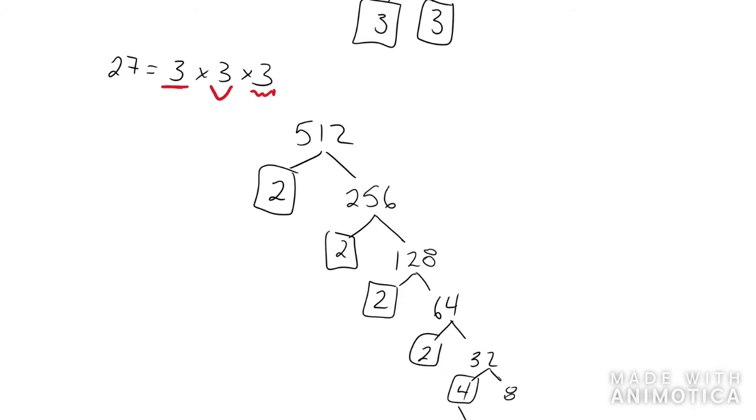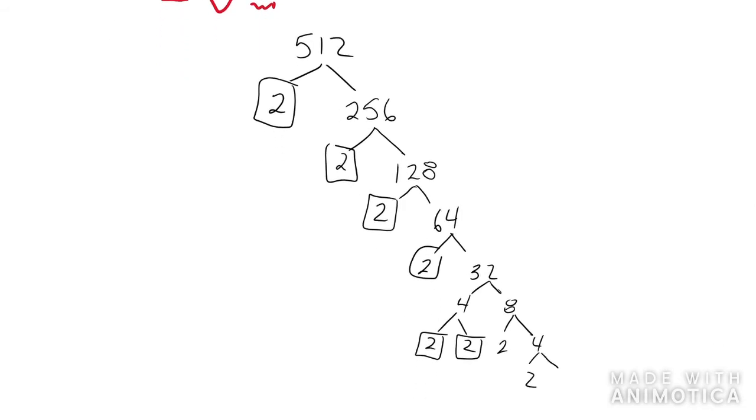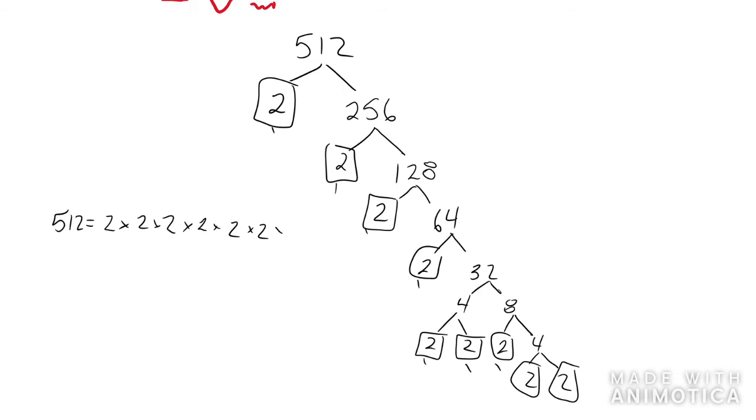4 is not a prime number. It becomes 2 and 2, which are prime numbers. And then this one breaks down to 2 and 2. So let's see what we have. 512 equals 2 times 2 times 2 times 2 times 2 times 2 times 2, and we have 2 more 2's.